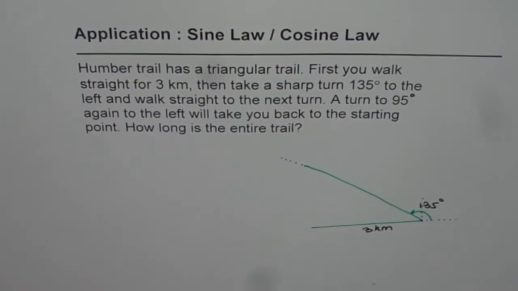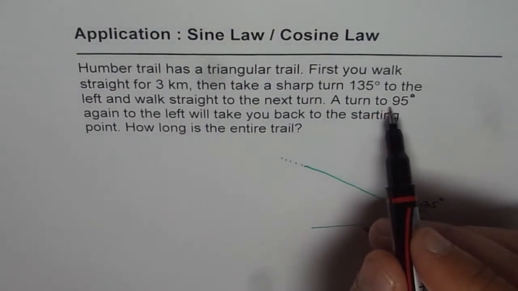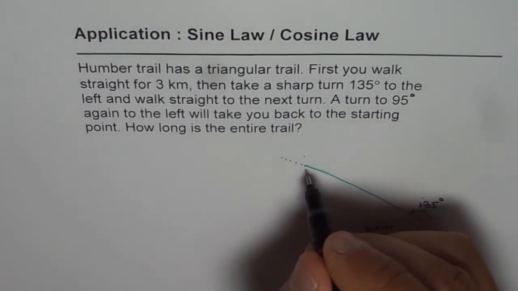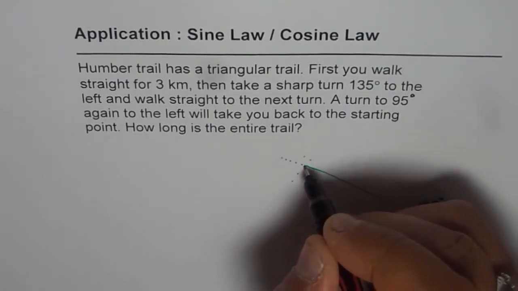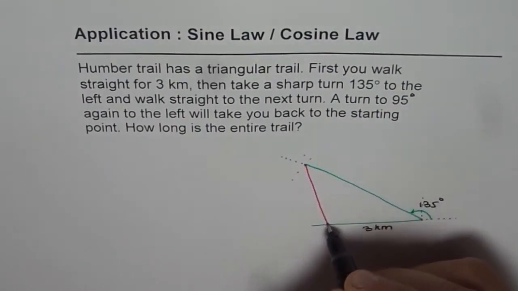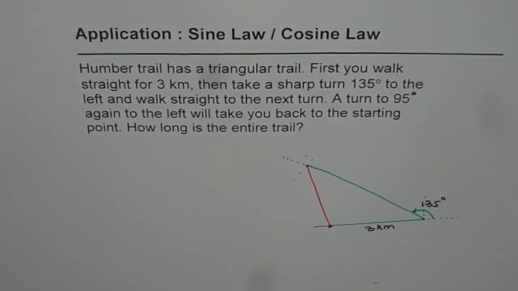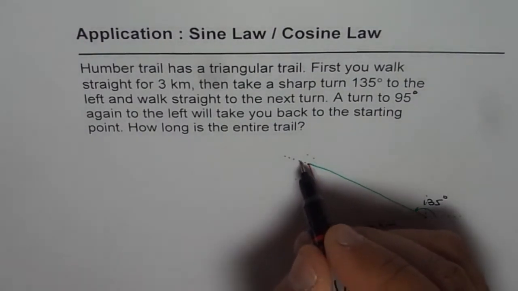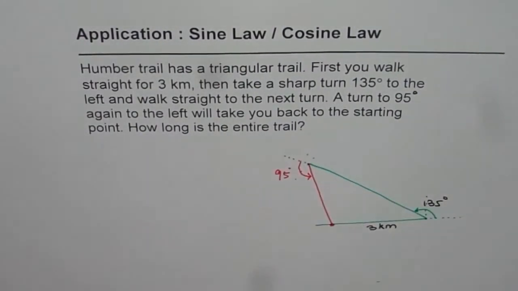Now it says you take a turn to the left again by 95 degrees. So 90 degrees will be kind of like this from here, and 95 is slightly more. So let's say like this. So we'll end up here, right? Let us assume that is our starting point, and this angle here is 95 degrees for us. Okay, so that is the diagram.